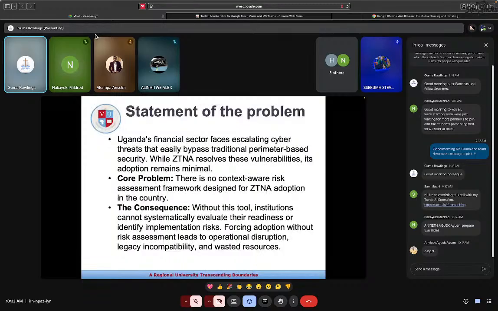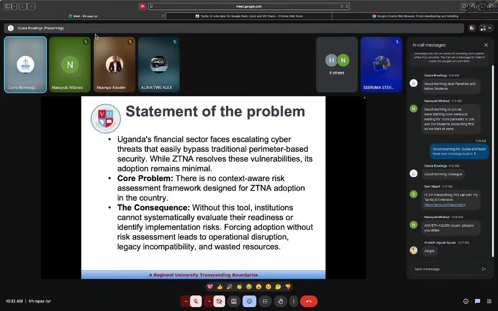The consequence of this absence is that institutions are trapped. They either stick with inadequate legacy security architectures, or they attempt to force ZTNA onto themselves blindly without systematically evaluating their readiness or assessing compatibility risks.